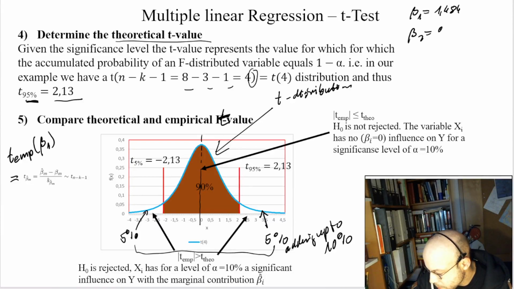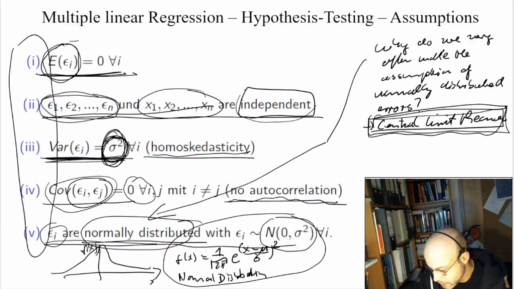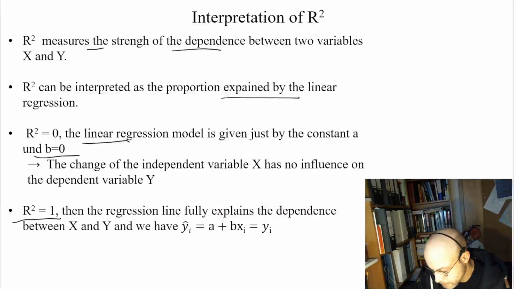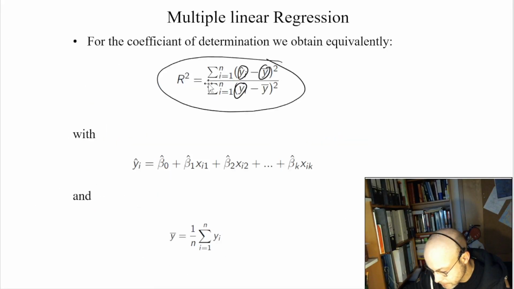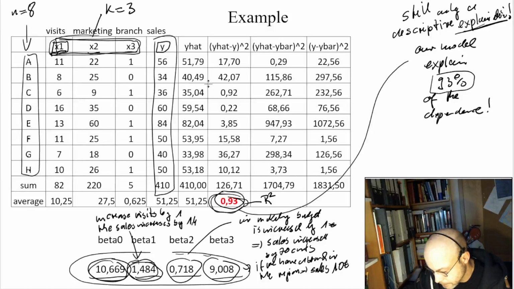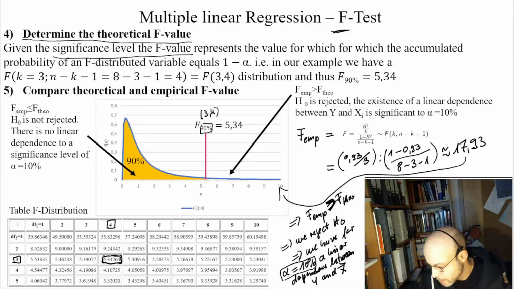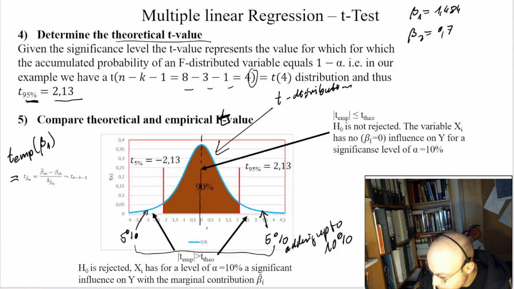Beta 2 hat was 0.7189,008. And beta 3 hat was 9008.